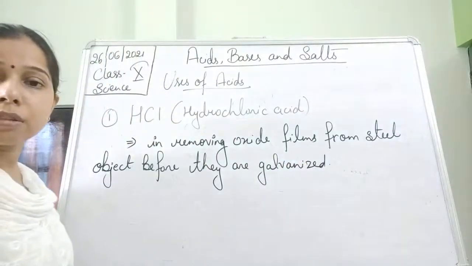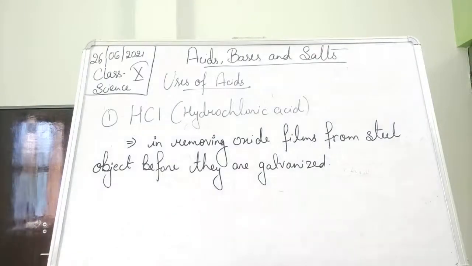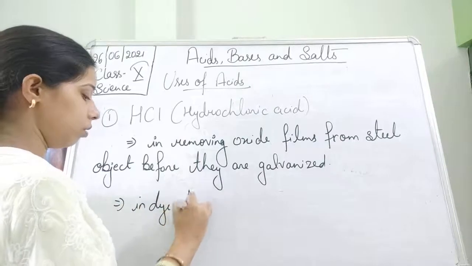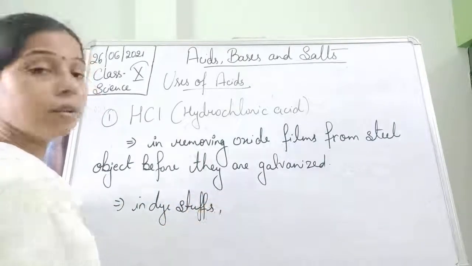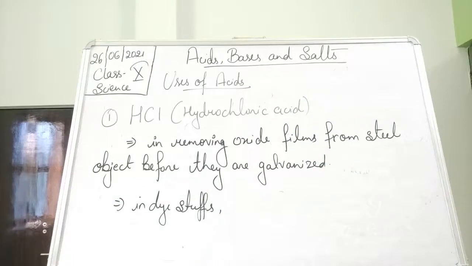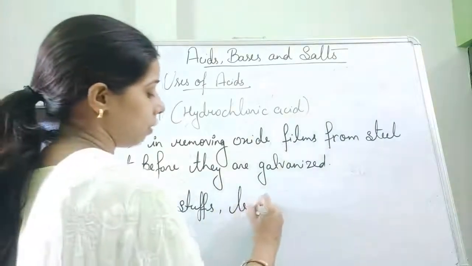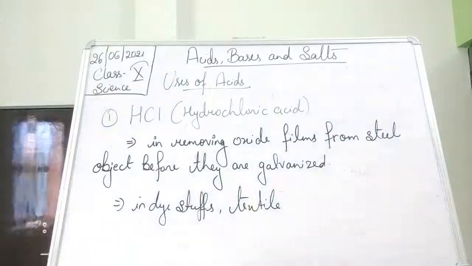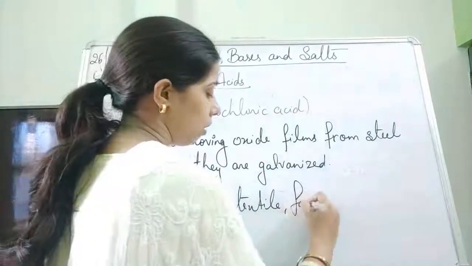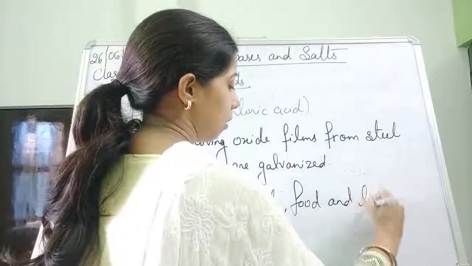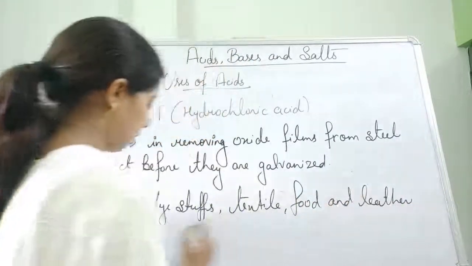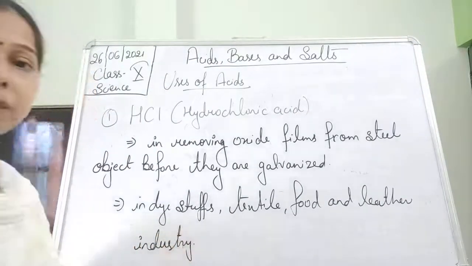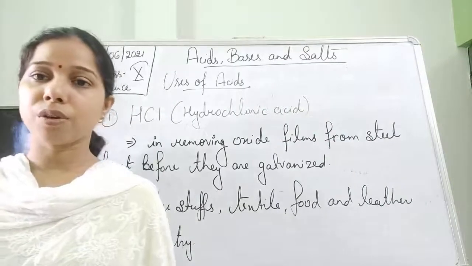Okay, this is the first use. Second use, it is used in dye stuffs, textile, also in food and leather industry. Okay, these are the uses of hydrochloric acid.